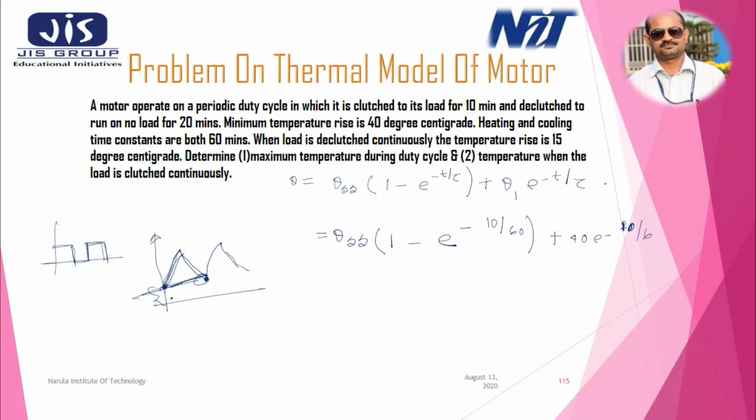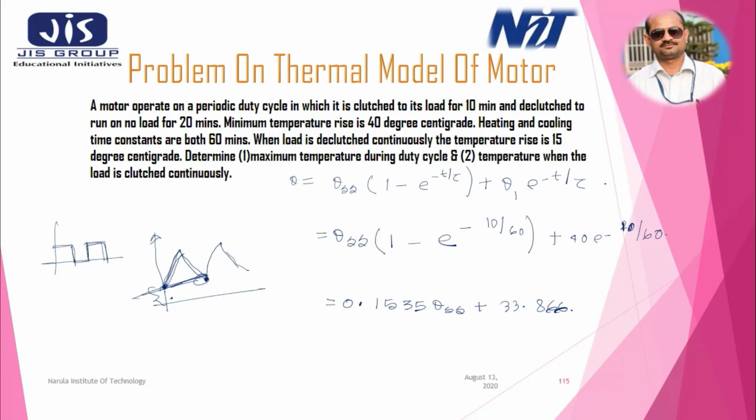So 10 by again 60, because 60 is my heating time constant. If we solve this, we will get 0.1535 theta ss plus 33.86.